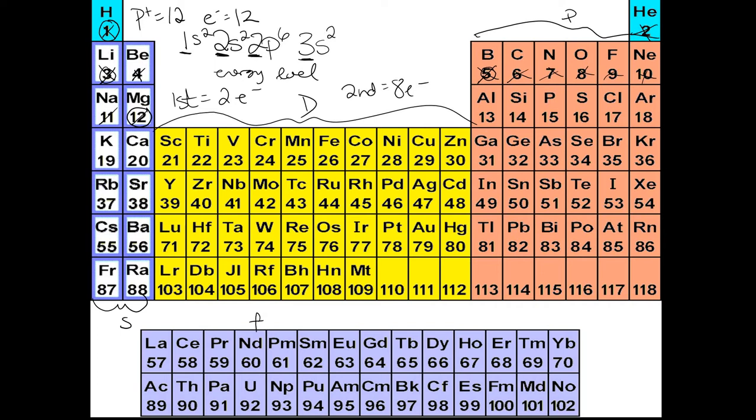Well, the valence electrons are the electrons in the highest energy level. The exponent right here represents our electrons. So we're going to find our energy level that's the highest. So we have 1, we have 2s, and we have 3s. Our 3 is the highest energy level, so we only care about electrons in the third energy level.